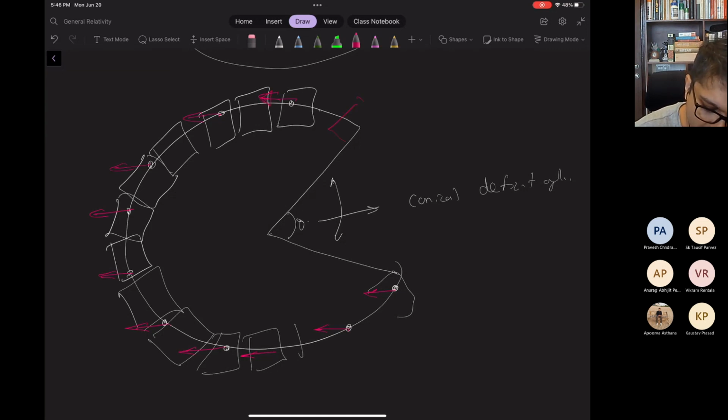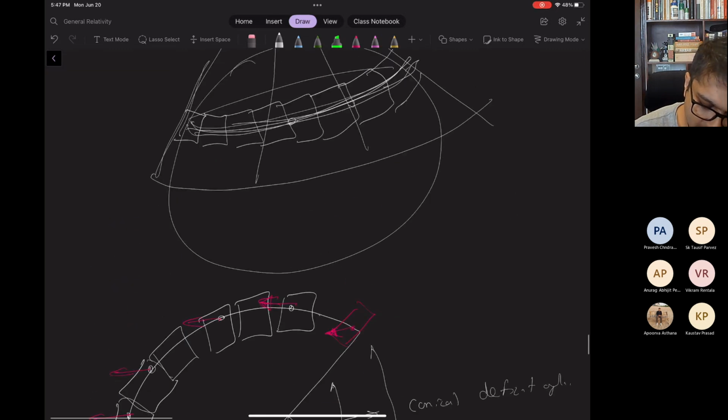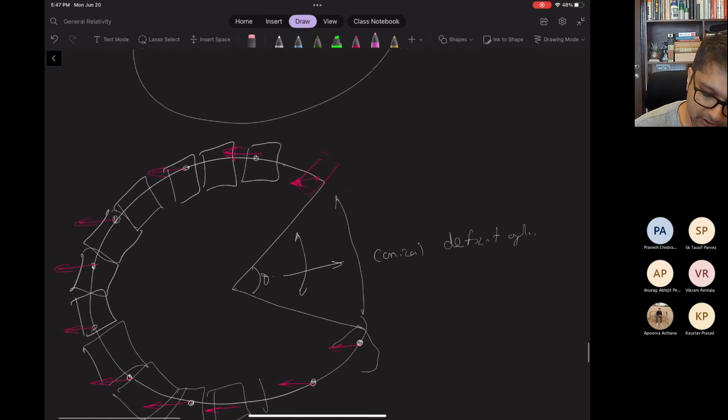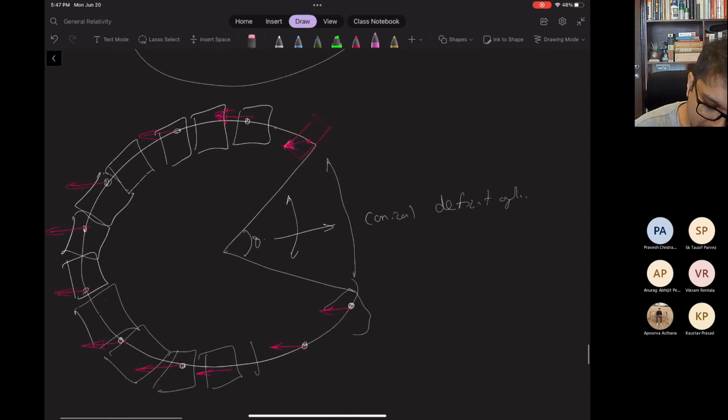But the point is that when I glue them together here, and I ask what happens after taking some vector around the full latitude, what would happen is that I am comparing this tangent vector with this tangent vector.